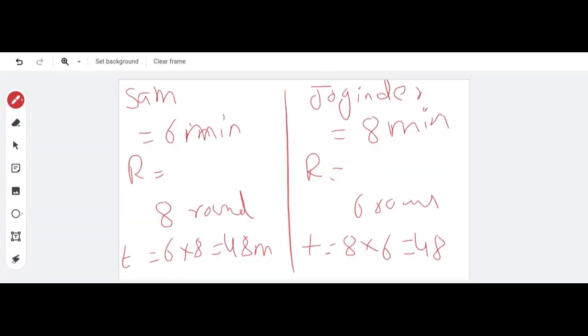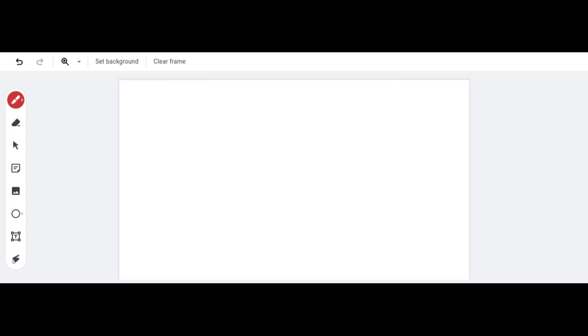First let's make a format. Then let's calculate the total number of photos in each album. Ranjan's album has 10 pages and 12 photos, and 10 multiplied by 12 gives me 120 photos.